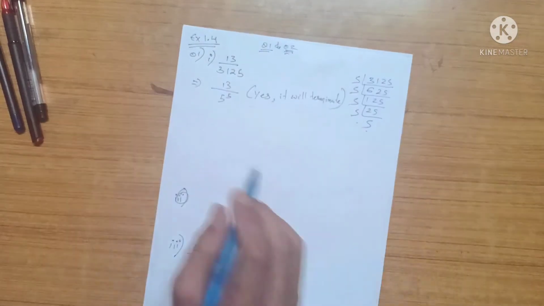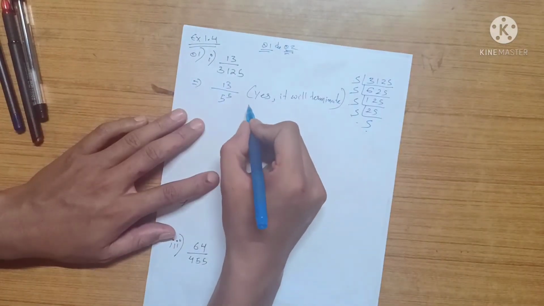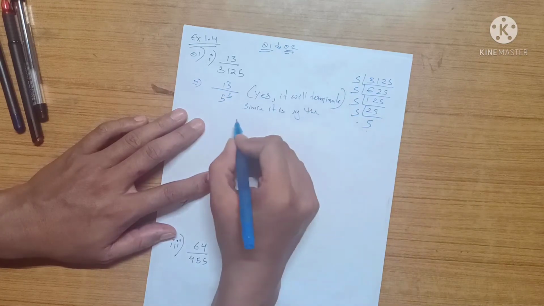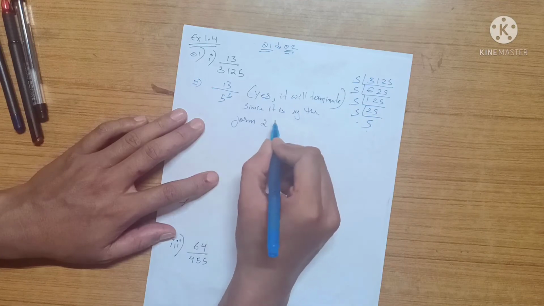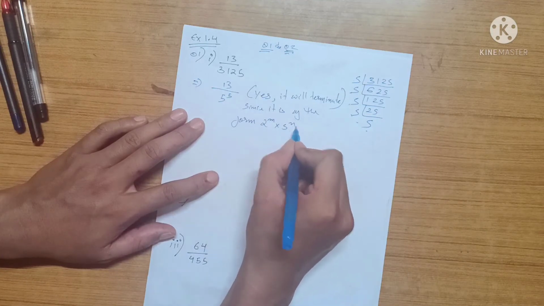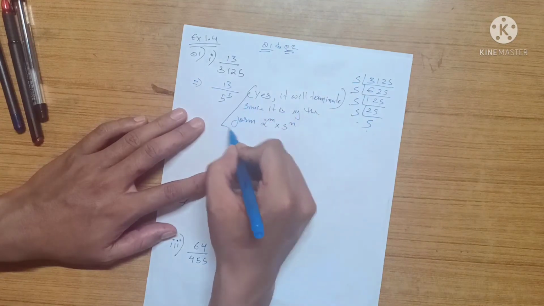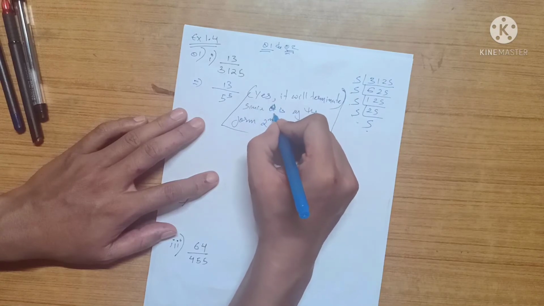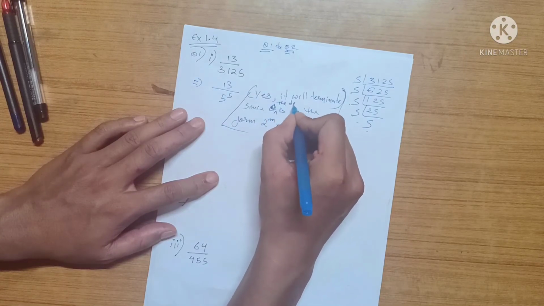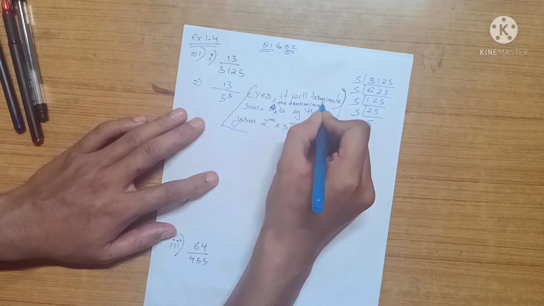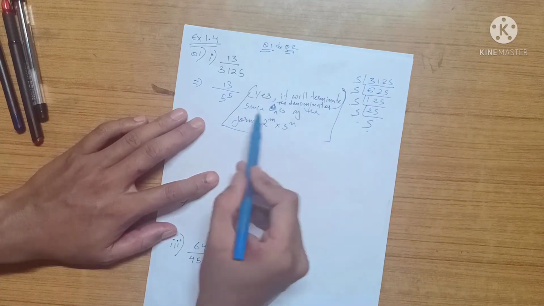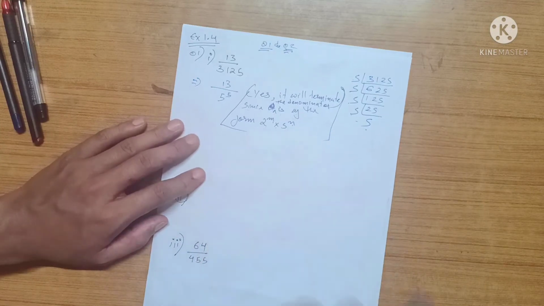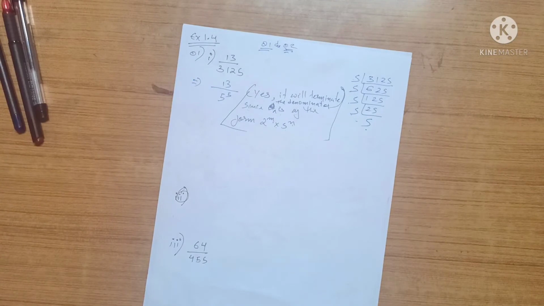In case you forget the formula, you can write: since the denominator is of the form 2 to the power m into 5 to the power n, it will terminate. Okay, so that you won't forget when you're doing it.